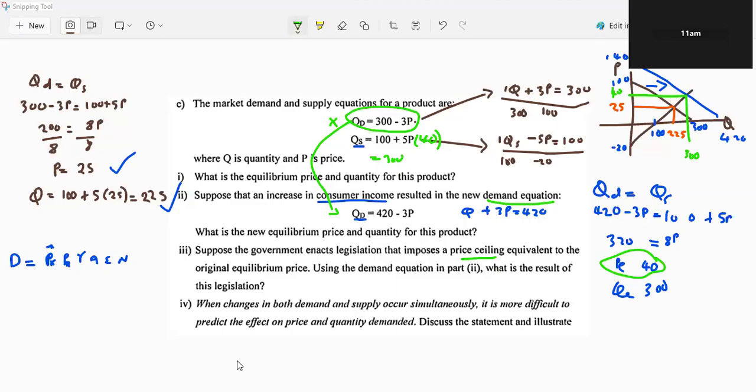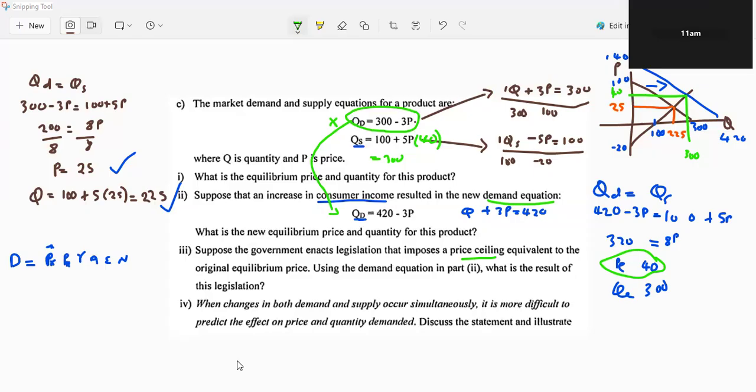So if you use the new equilibrium equation, QD is 420, and we use the old supply. So we can calculate the differences there. If we find that there's more quantity demanded than the quantities supplied, we're going to have a shortage. Okay? If the quantity demanded is more than the quantity supplied, there'll be a shortage.